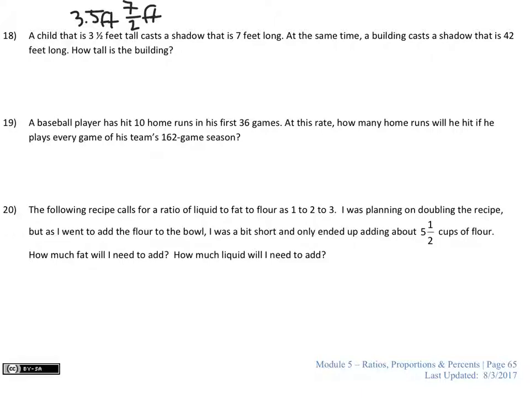So we got two things that we're comparing. Once again, we got the shadow and then the actual height. Let's switch this one around just to show that we can. So I got height, H-E-I-G-H-T. Again, I may have spelt that wrong, but hopefully I'm close. And then we also have the length of the shadow.